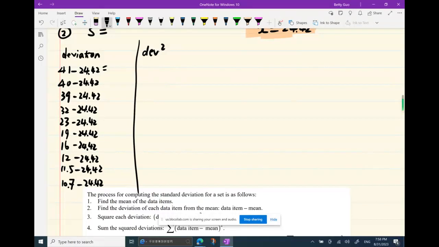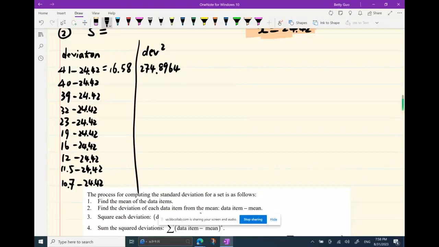The difference is positive 16.58. And then raised to the power of 2, we have 274.8964. We're going to do that for each single row.